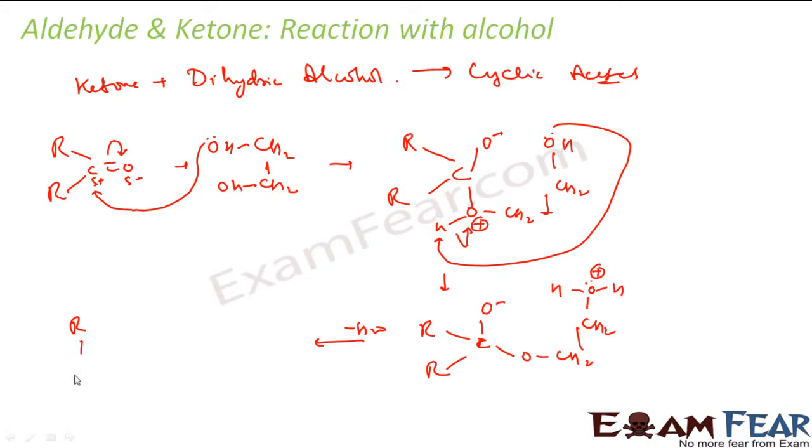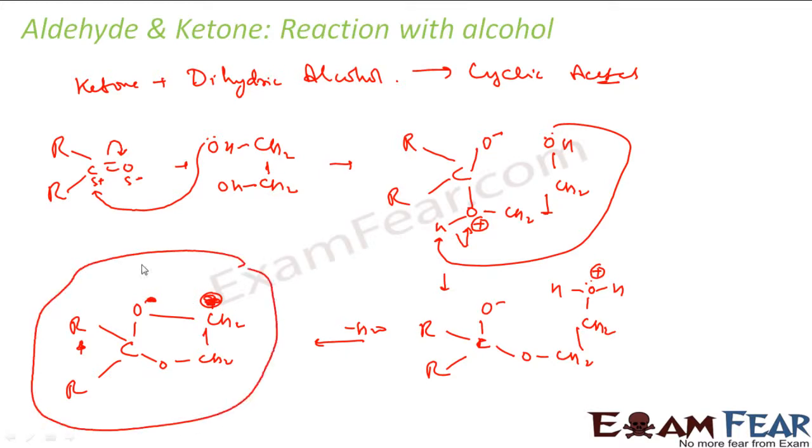So with this, what you get is this compound CH2 and carbon gets a positive charge. Carbon is positive, oxygen is negative, they will form a bond. And the charge will go off. And this is what you will get. This is a cyclic acetal.